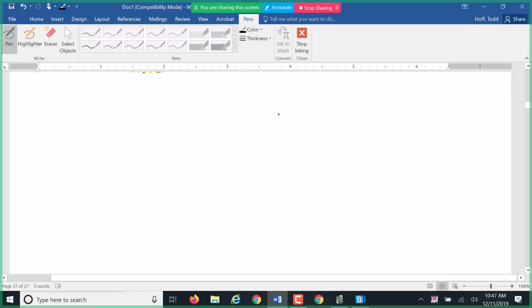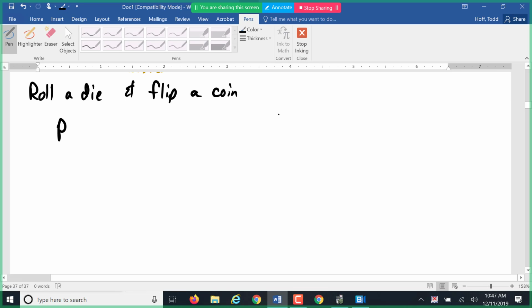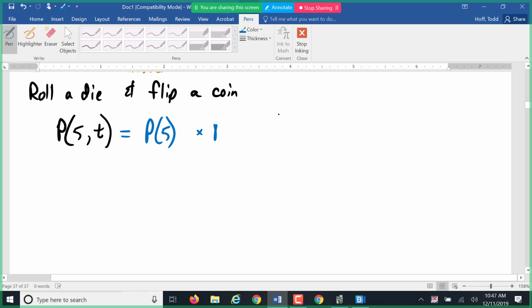Well, let's look at a little bit more interesting compound event. Let's say we're going to roll a die and flip a coin. I want to find the probability of rolling a 5 and flipping tails? Well, that's just going to be the probability of rolling a 5 on the die times the probability of flipping tails on the coin.